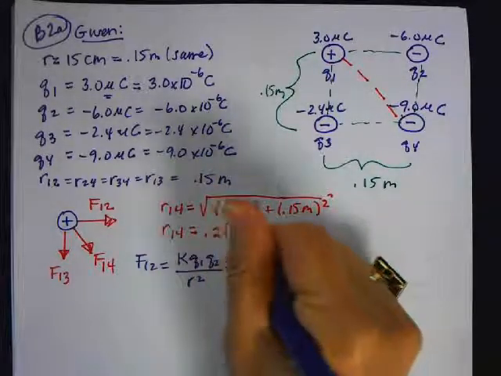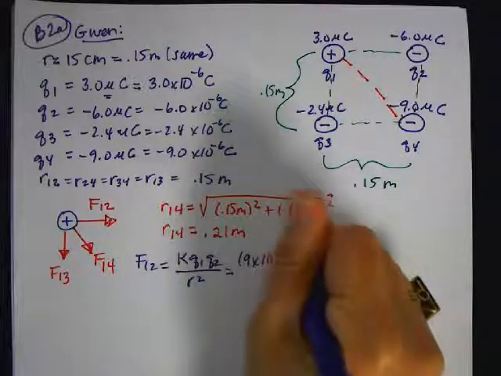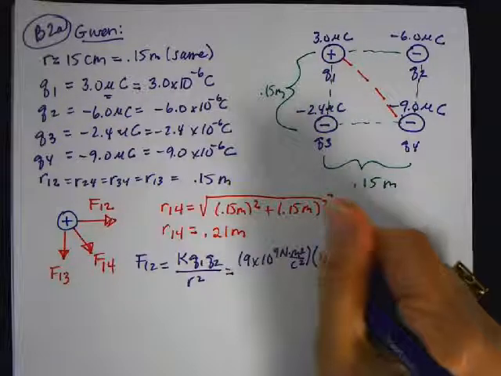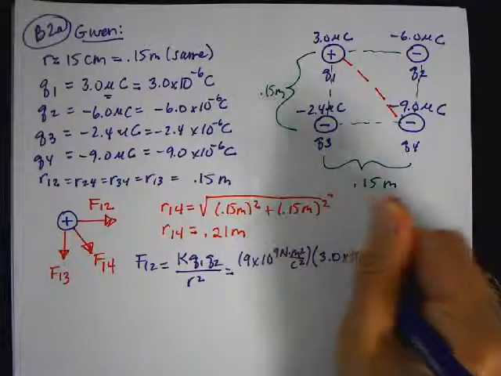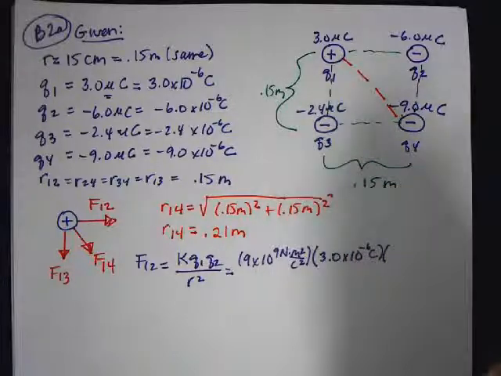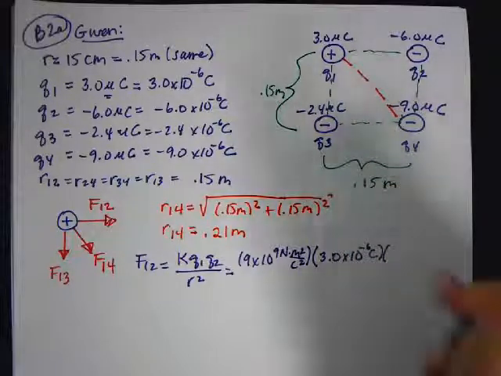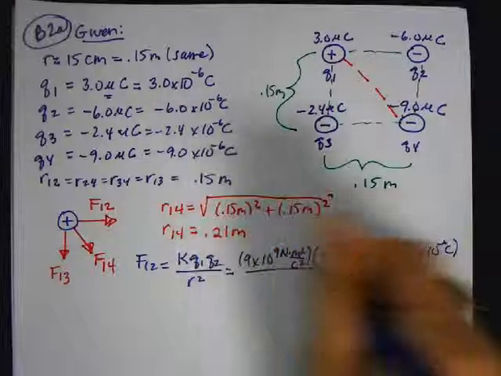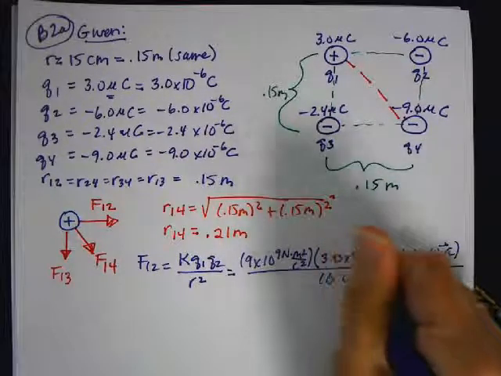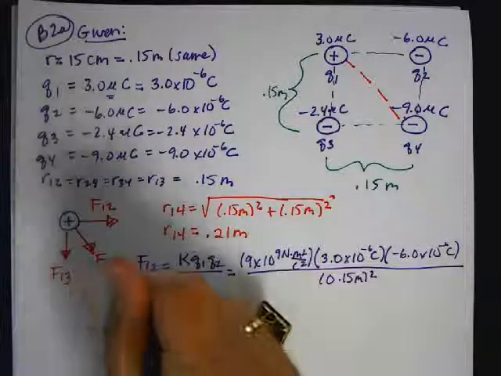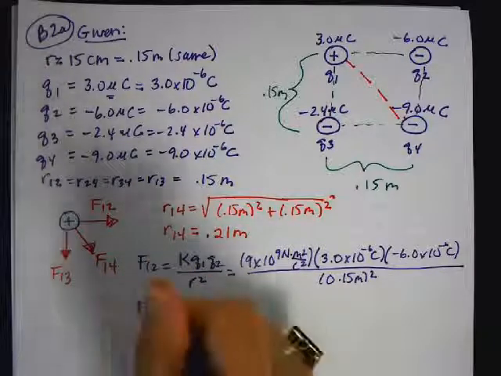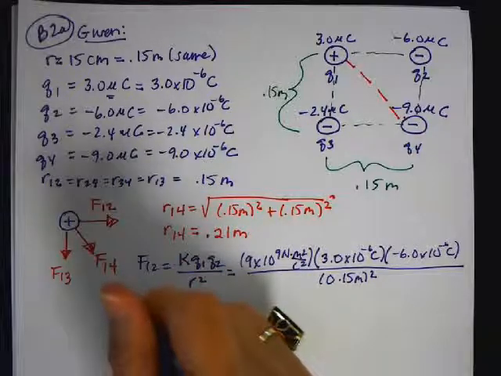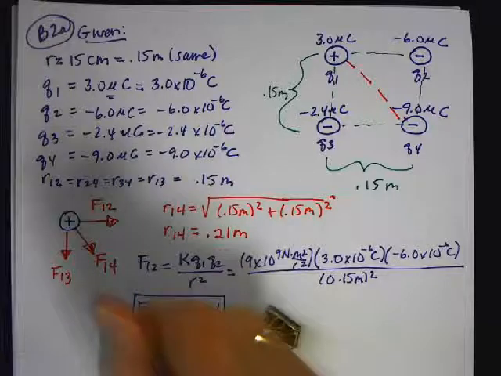So it's 9 times 10 to the 9 newton meter squared per coulomb squared times Q1, which is 3.0 times 10 to the negative 6 coulombs, times negative 6.0 times 10 to the negative 6 coulombs, divided by the distance between them, 0.15 meters squared. When I do that in my calculator, F12 comes out to be 7.2 newtons. So that's 1/4.